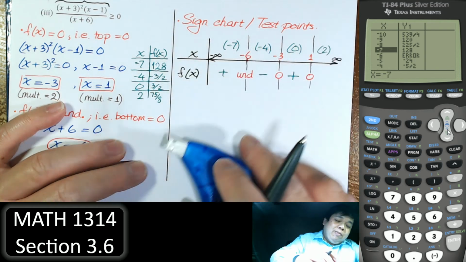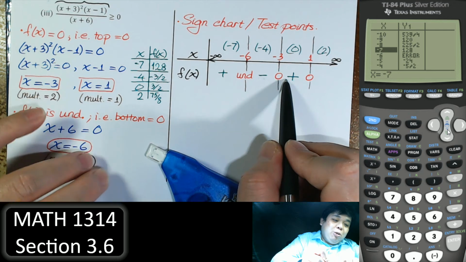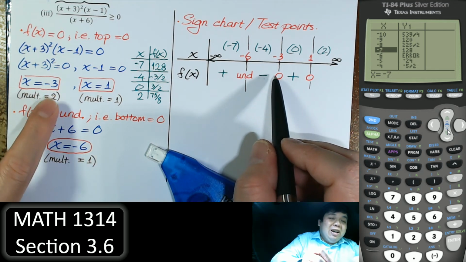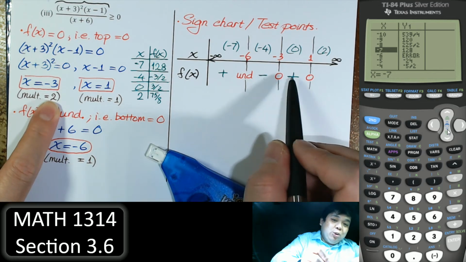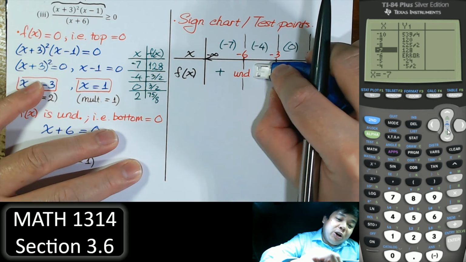As you see, we expect to have the same sign when we go past multiplicity of 2. So when we have something like this, we know something is not right. That is a very good way to check.